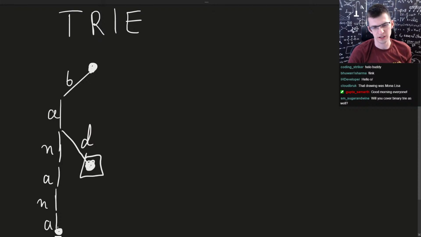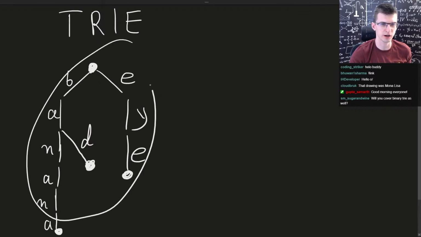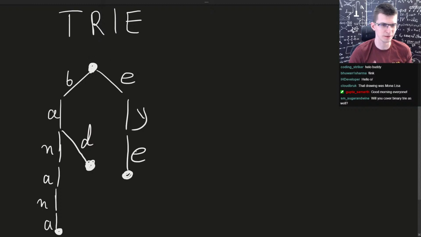Those nodes, I think they are sometimes called terminal nodes. Anyway, they represent the end of some string. If there is also a short word I, it looks like this. This is how a trie looks like for words banana, bad, and I.